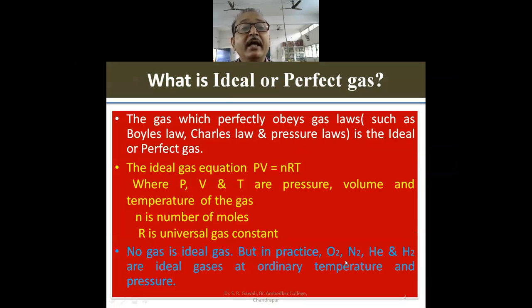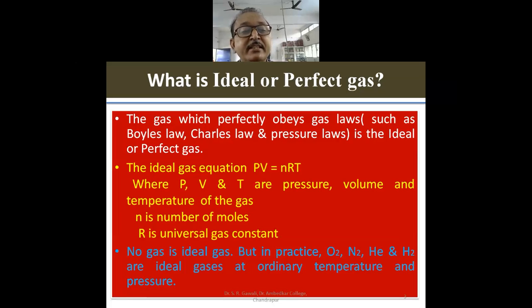So first of all, last time we have seen what is an ideal or perfect gas. That you have studied in the 12th. The gas which perfectly obeys gas laws such as Boyle's law, Charles's law, pressure law is the perfect or ideal gas.